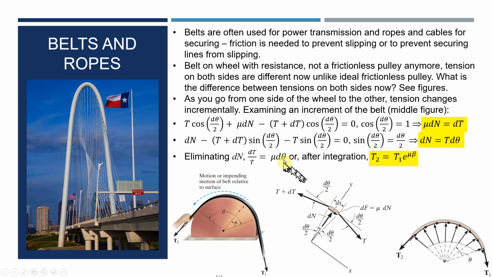Eliminating dN, you can solve for dT over T equals mu d theta. So every time you go along this belt, it depends on the contact angle between the belt and the wheel. You'll have a difference in tension.